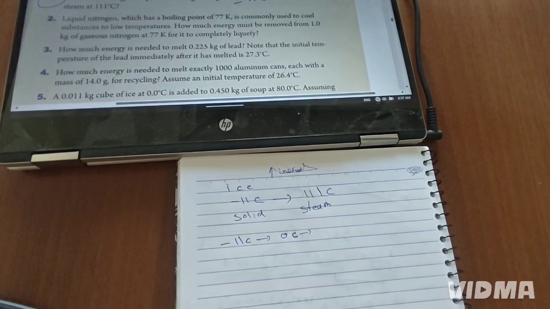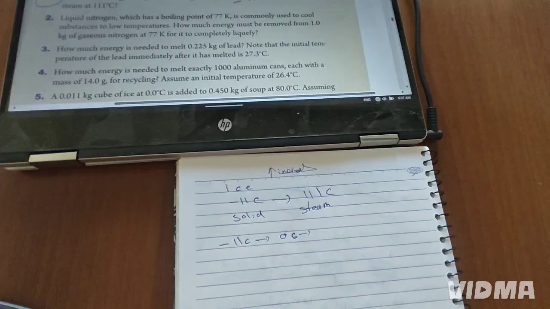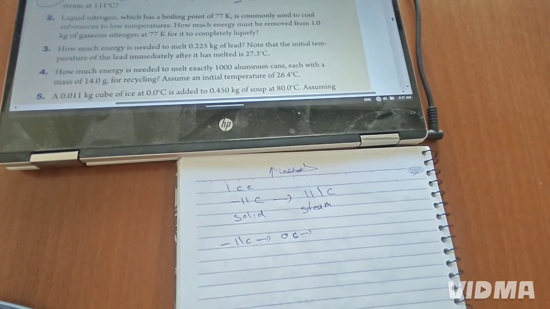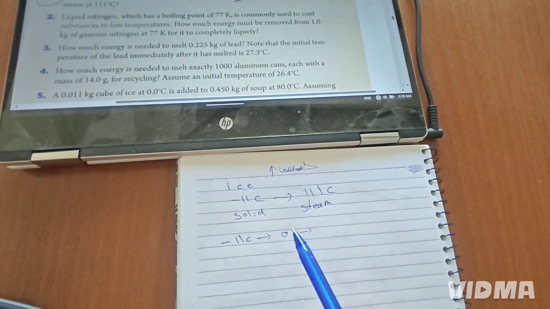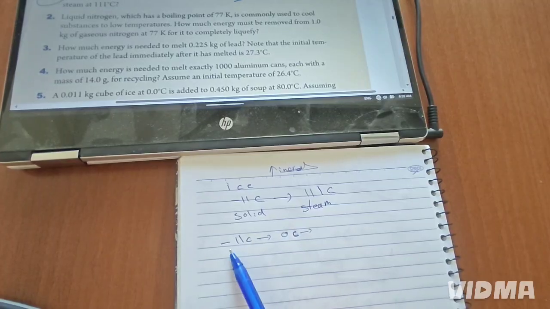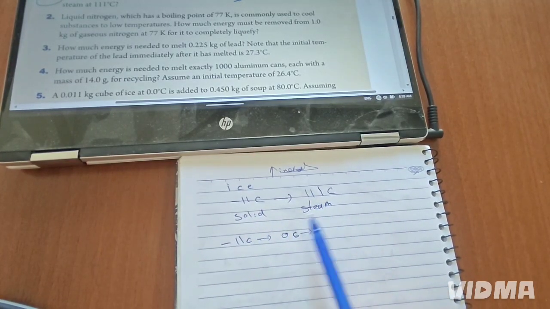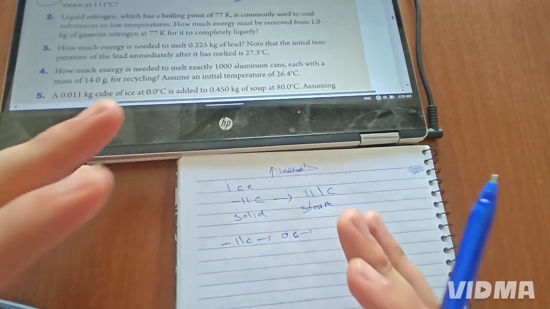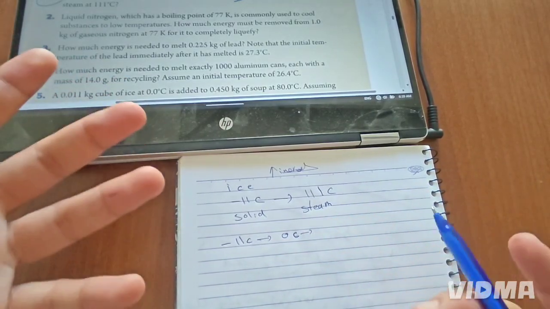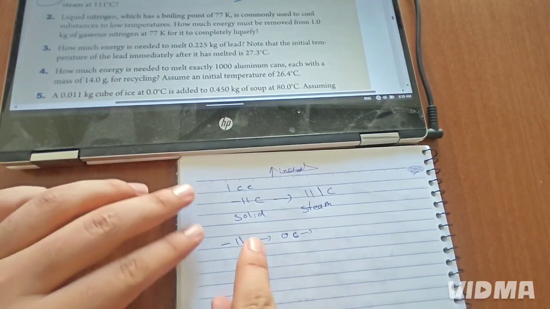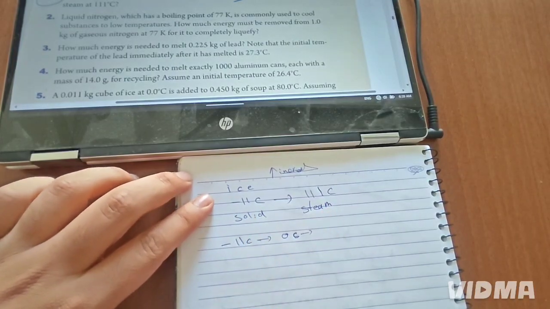So we have to convert from negative 11 Celsius to 111 steam by doing some steps. Directly, it's so hard to convert from ice to steam.